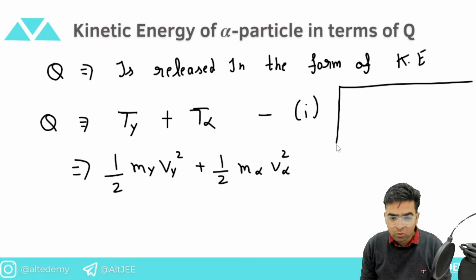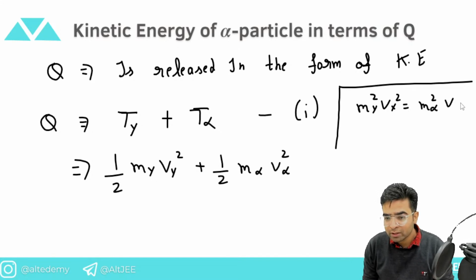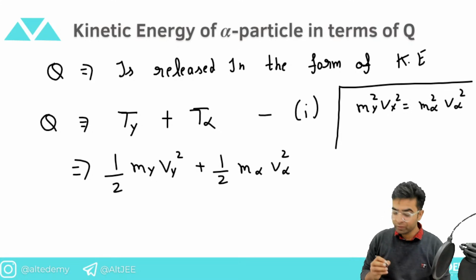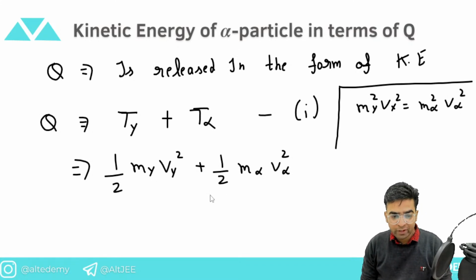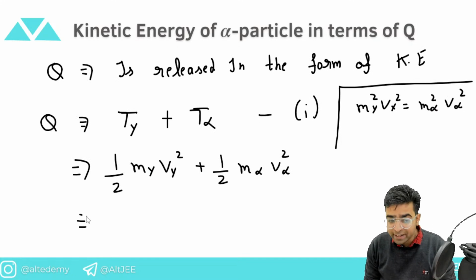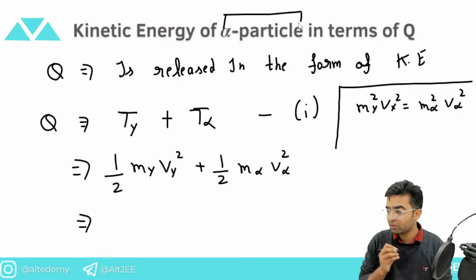And we know that m_y square v_y square is equal to m_alpha square v_alpha square. We know it. So what can we do? We have to find the kinetic energy of the alpha particle.